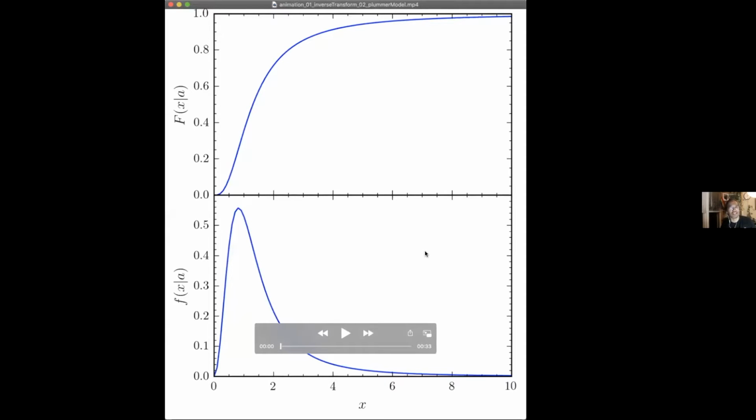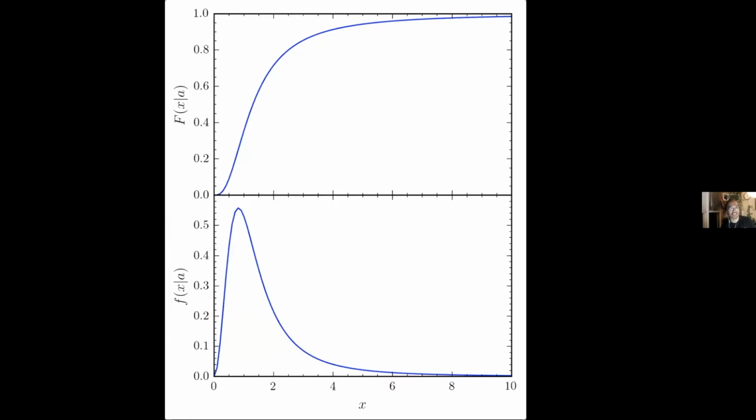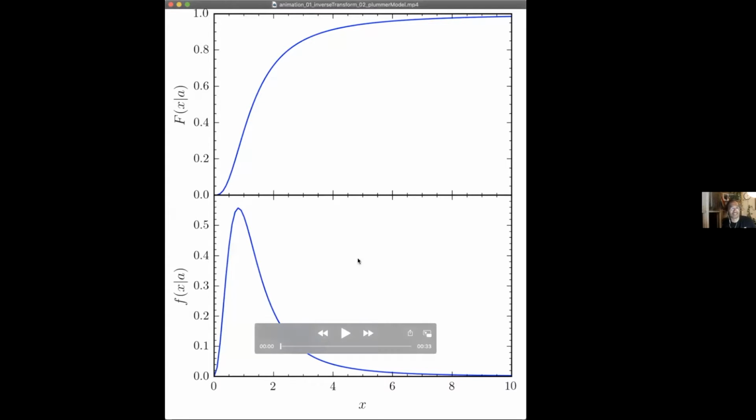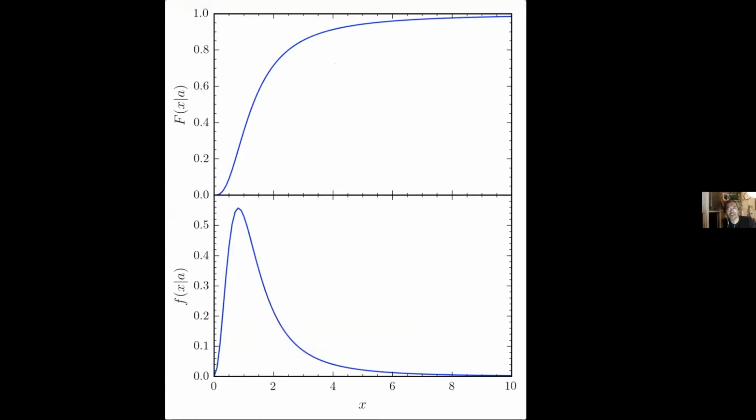It's usually encountered in galactic dynamics. If you're unfamiliar with it, it's a model that tells the distribution of stars in a globular cluster. This is the Plummer distribution at the bottom, and this is the CDF. The Plummer model is an analytical function, and we can easily integrate it to get a CDF.